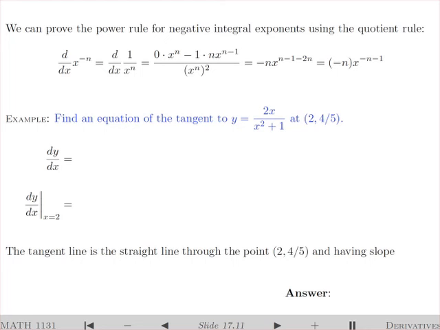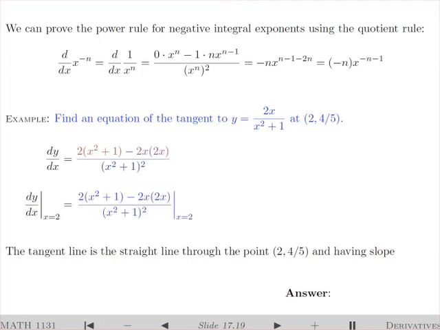So I start by finding dy/dx, which I'm going to do using the quotient rule. The derivative of 2x is 2, multiplied by x squared plus 1, minus 2x times the derivative of x squared plus 1, that's also 2x, over the quantity (x squared plus 1) squared.